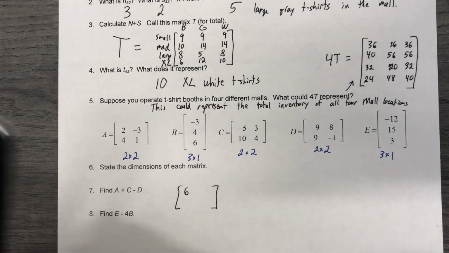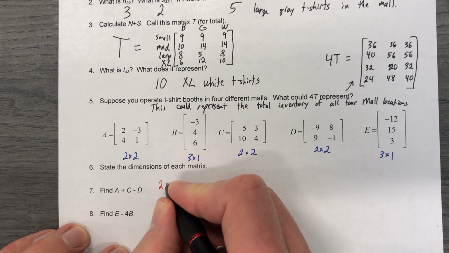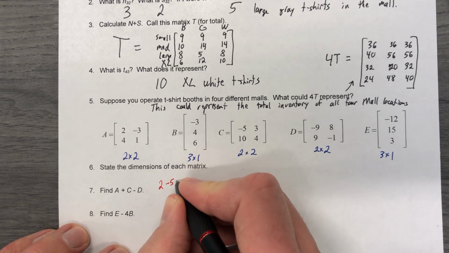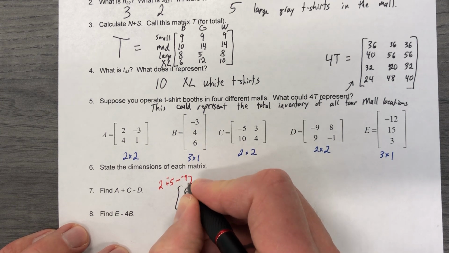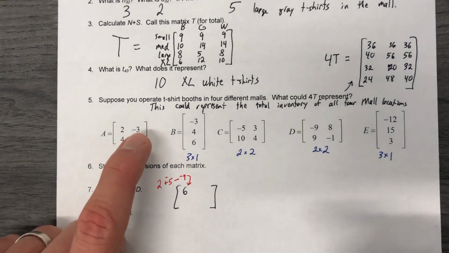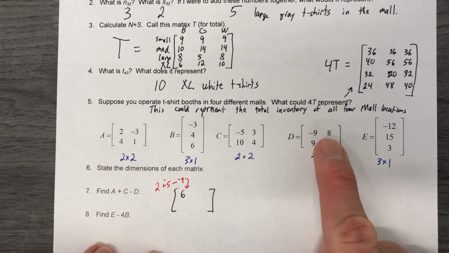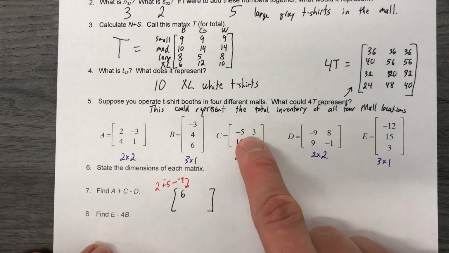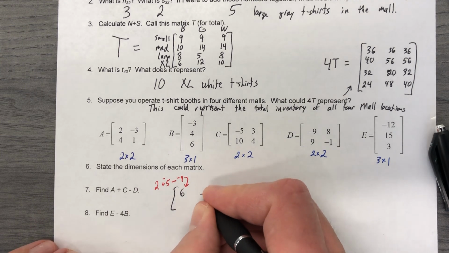So this number right here, and I will show the work on the first one, was 2 plus negative 5, we'll do it like that, minus negative 9. That's where that came from. This number is going to be the negative 3 plus 3 minus 8. Negative 3 plus 3, so 0, and then minus 8 is going to give me negative 8.